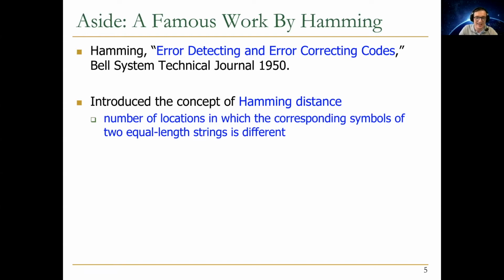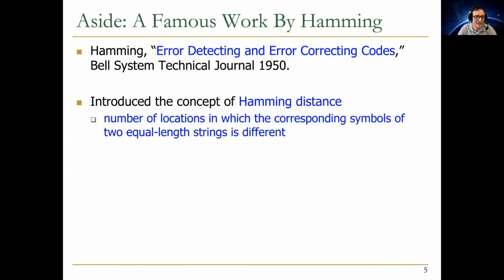So basically, if you have two strings, cat and dog, two equal length strings in, let's say, the English alphabet, and you compare them, the Hamming distance is 3, right? Because every single character is different between those two, in each of the locations.